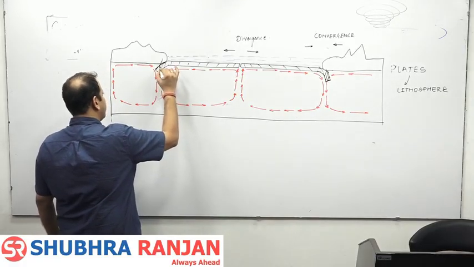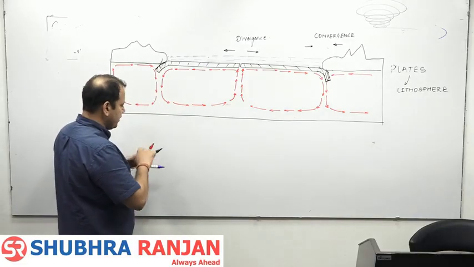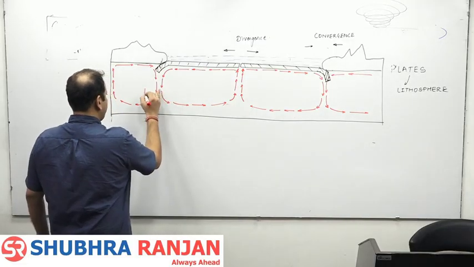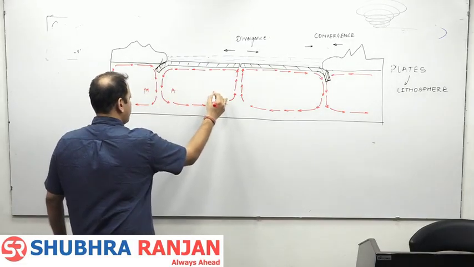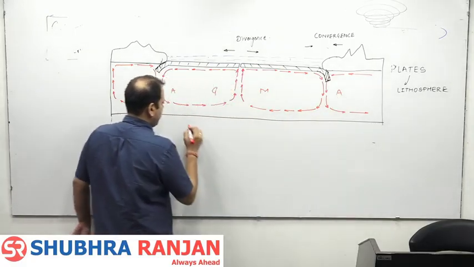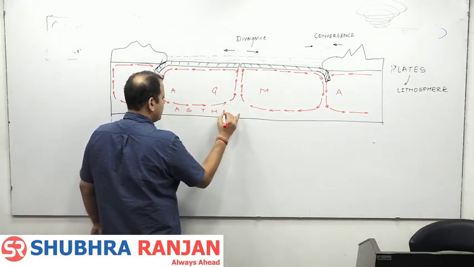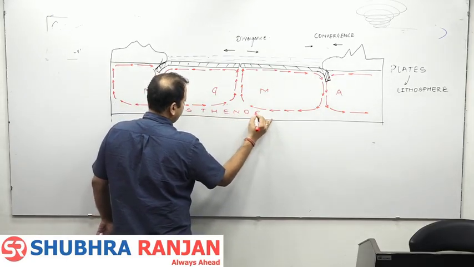Remember the isostasy theory. After 80 kilometers the heat is very high and it will again become a part of the asthenosphere. Or you can write anything. What is this? What do you want to write? Write magma or write asthenosphere.